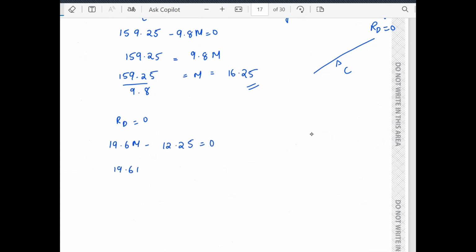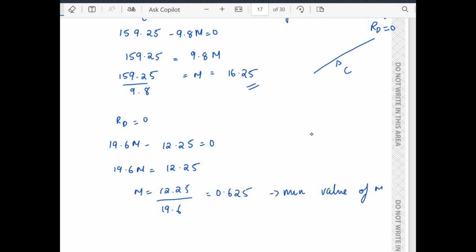So 19.6 m is equal to 12.25. So m will be 12.25 divided by 19.6, which will give you 0.625. This is the minimum value of m.